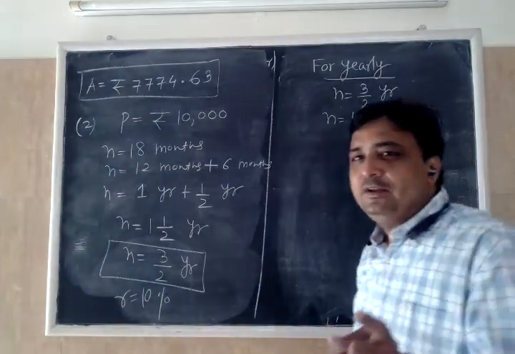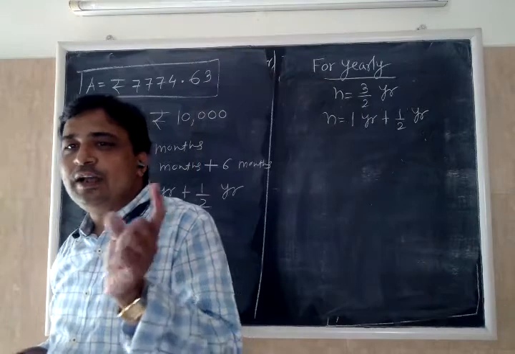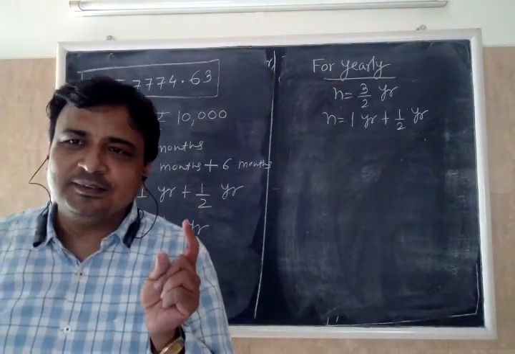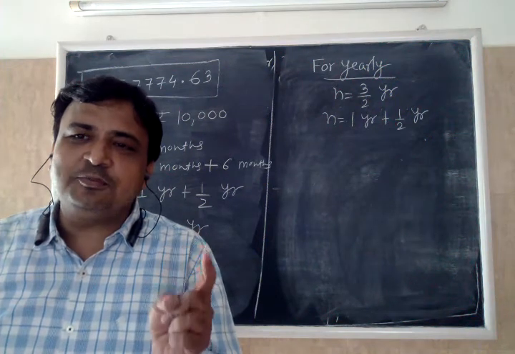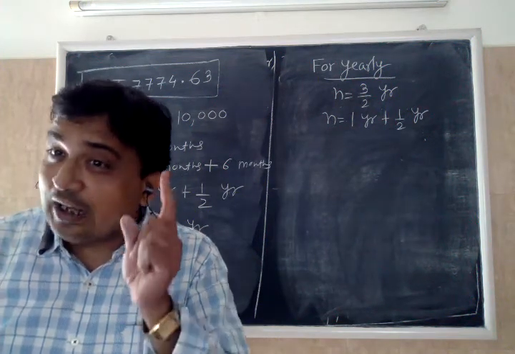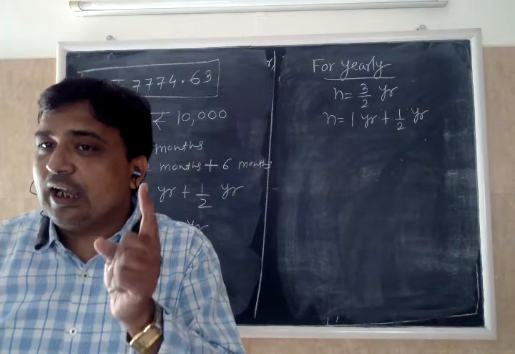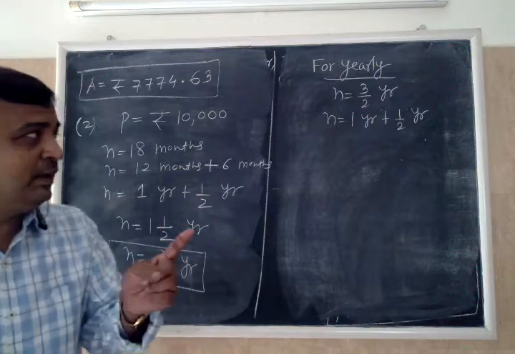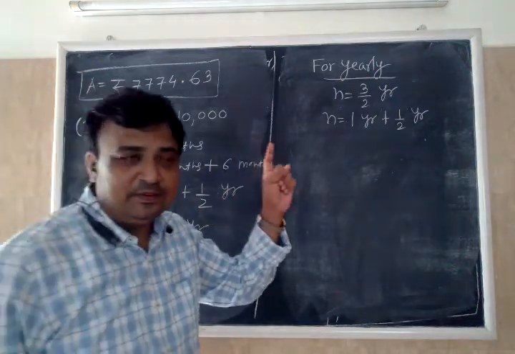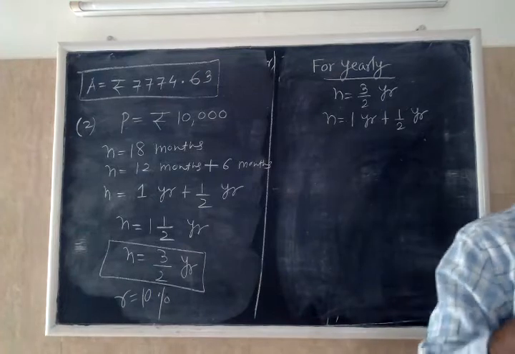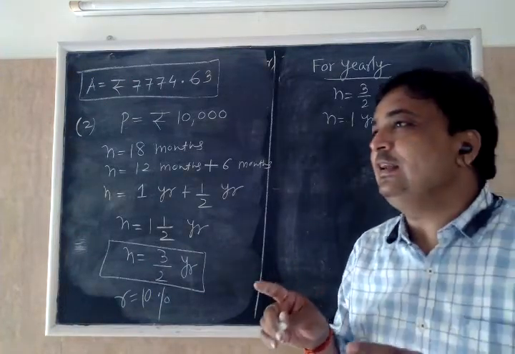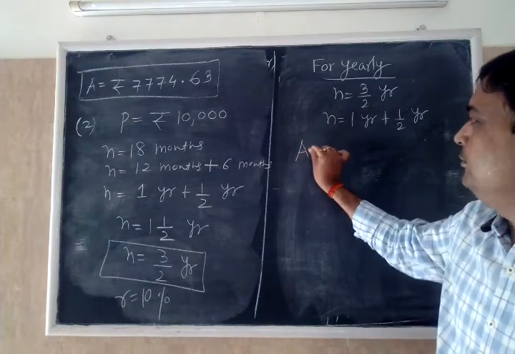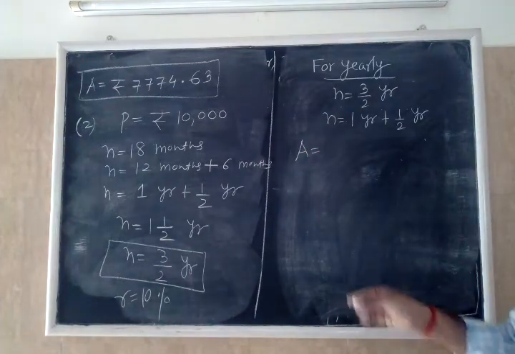So now you tell me whether this is type 1, type 2 or type 3. Type 3, my dear. Type 3 is mixed, yearly but mixed. Is it clear? It is not completely yearly. It is yearly but mixed. So type 3. So use the formula for A. What is the formula?